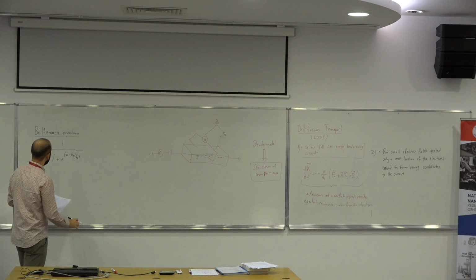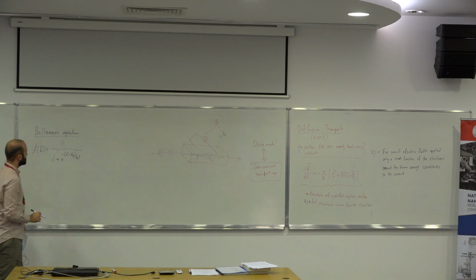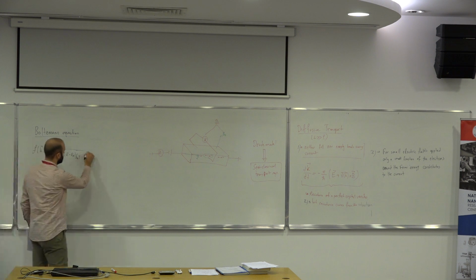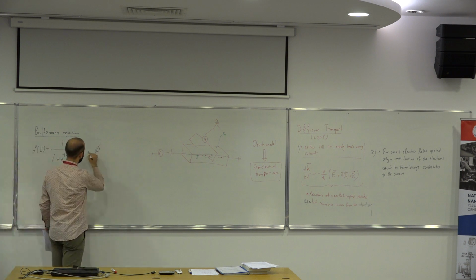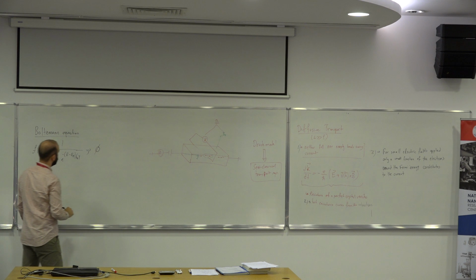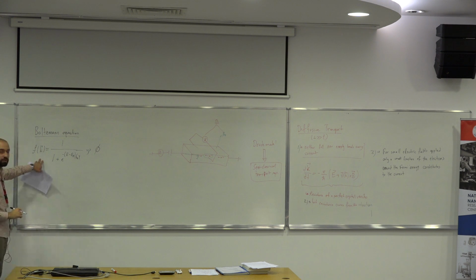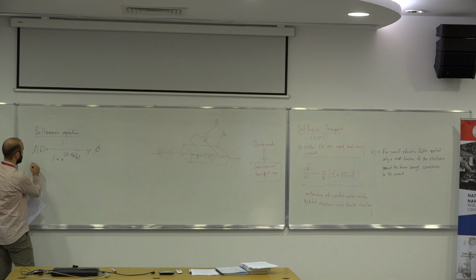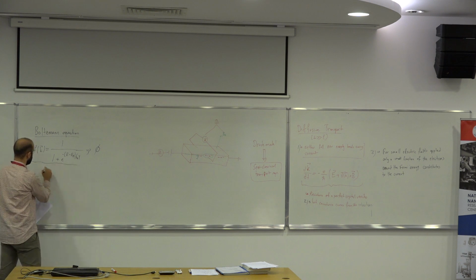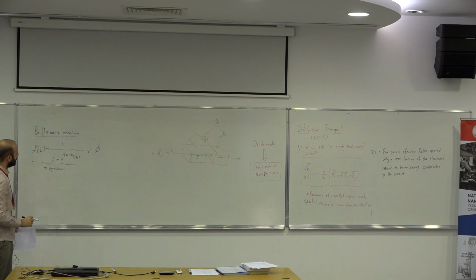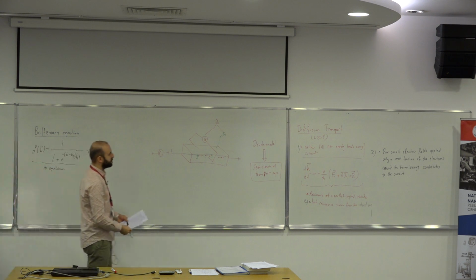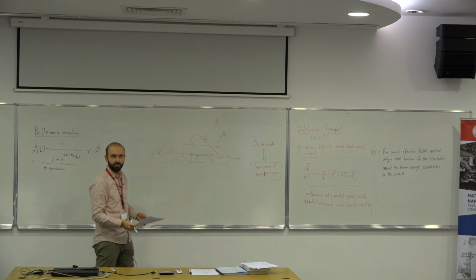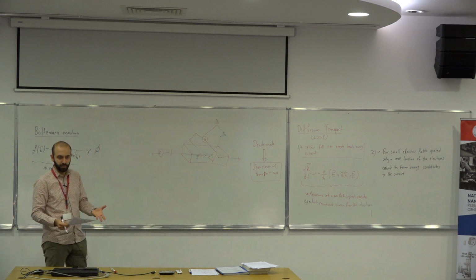And I also have a minus sign here. But this is true when my system is in equilibrium. Okay, so this is in equilibrium. But when I apply an external force to my system, I destroy this equilibrium condition.